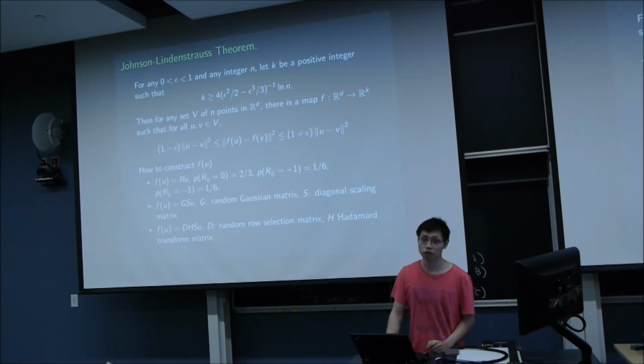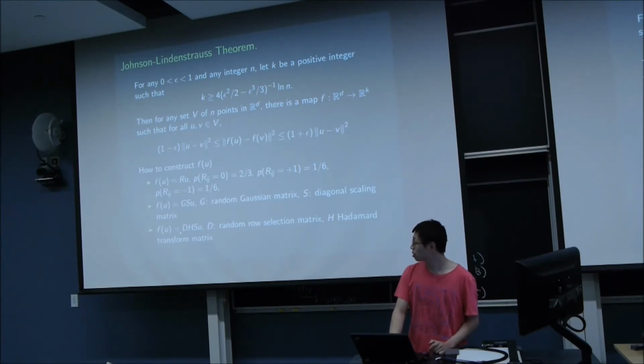G is a Gaussian matrix, that is, each entry of G is drawn independently from a normal Gaussian distribution. You can generate such a G very easily, picking each entry independently from a Gaussian distribution.